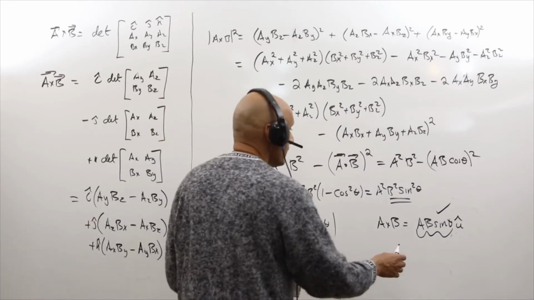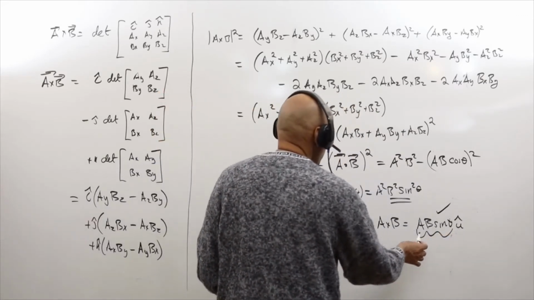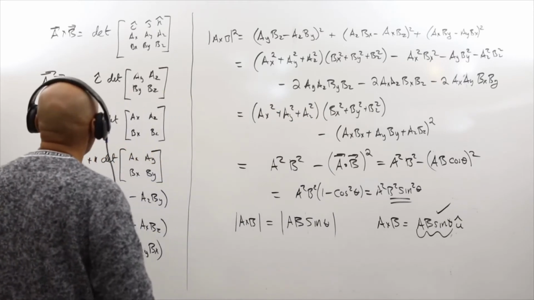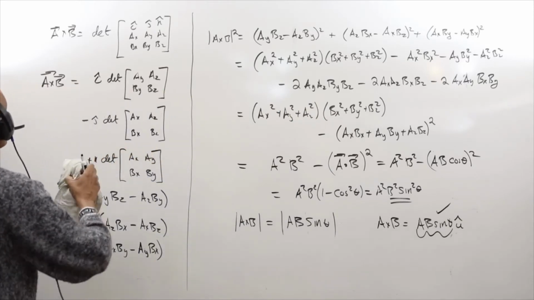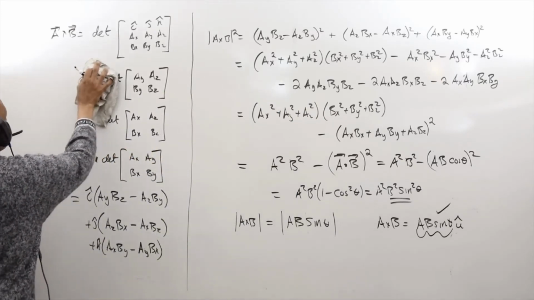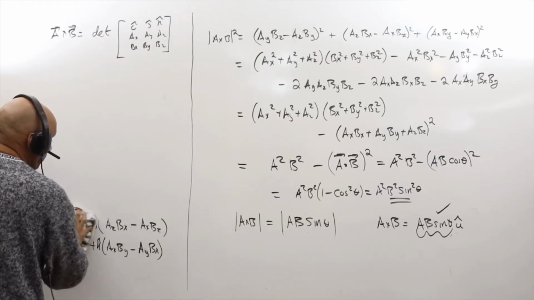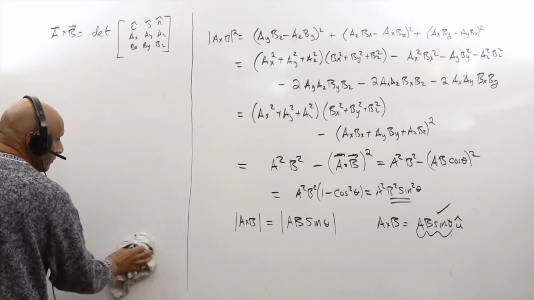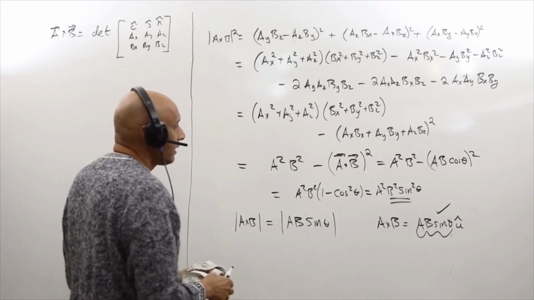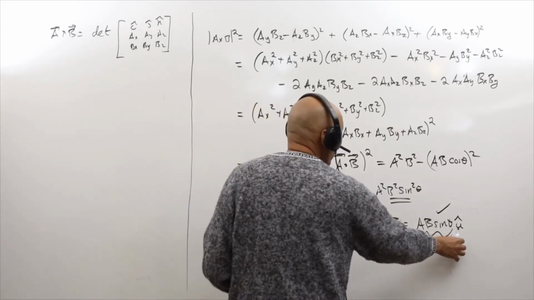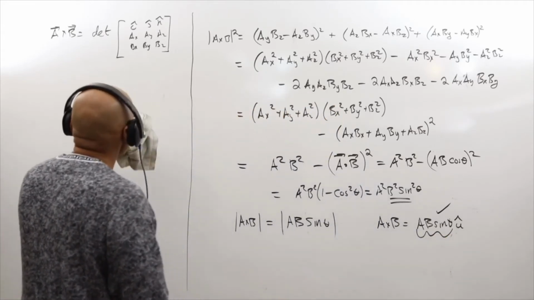Next I have to show that this u vector is perpendicular to both a and b. So let me go back to this original definition. All I need to show is that there's a unit vector, and that vector is perpendicular to this.